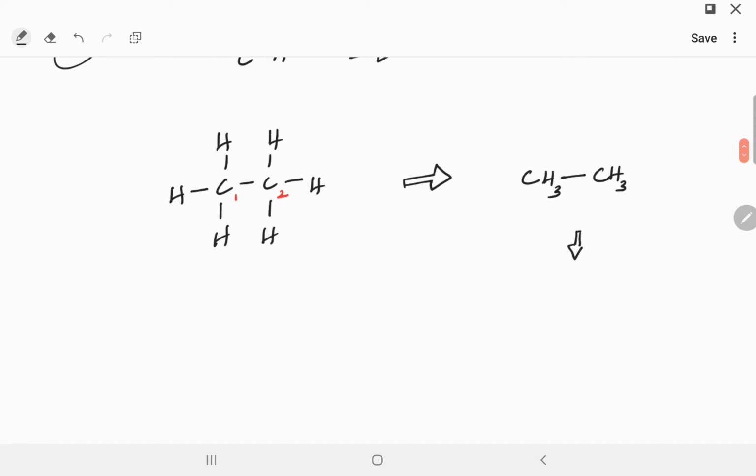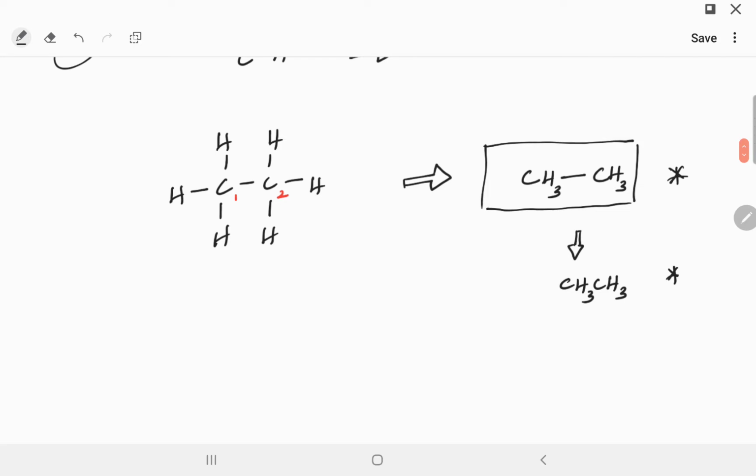When drawing condensed structures, you can stop in this step, or you can even remove carbon-carbon bonds. If you remove carbon-carbon bonds, your molecule structure will look like this: CH3 CH3. Both of these are acceptable for condensed structures. I actually prefer the one where I draw the carbon-carbon bonds and only put hydrogens on carbons.